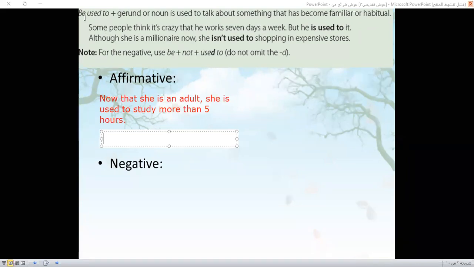This kind of used to with verb to be in the present means that now I am used to doing something. Look, can you pay attention to the example here? Some people think it's crazy that he works 7 days a week, but he is used to it. This man is used to working 7 days a week.